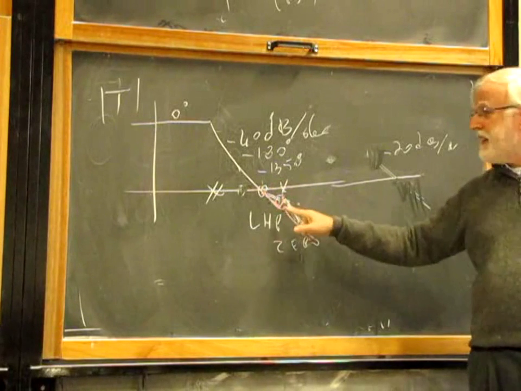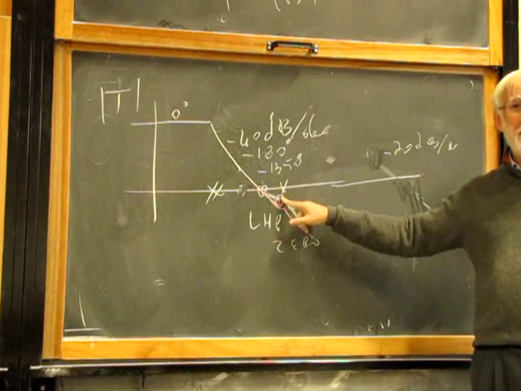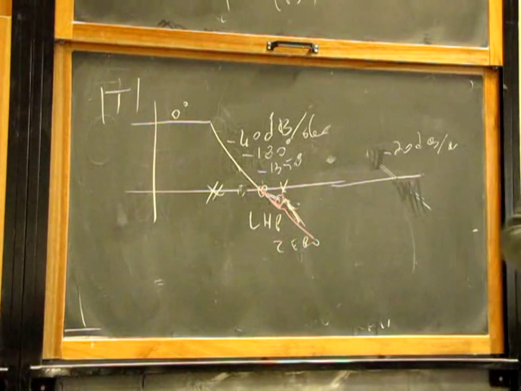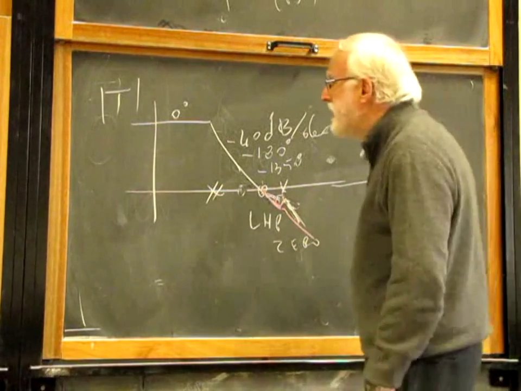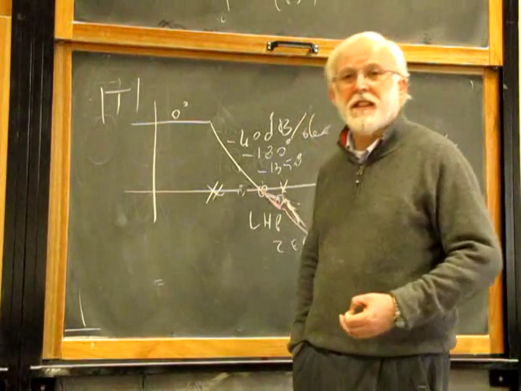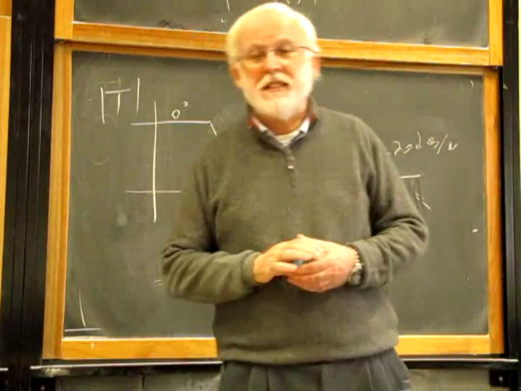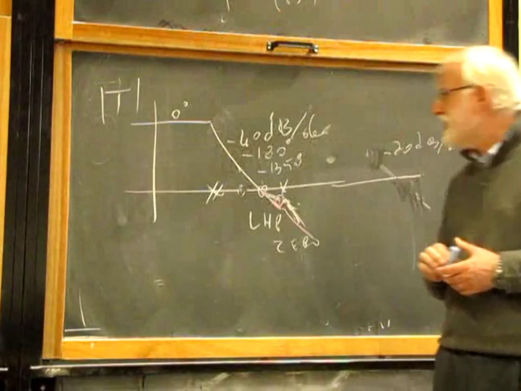The higher zero went above the crossover frequency, was not stabilizing anymore, and the system became unstable. Ouch. Okay? So far, besides finding the transfer function, the important point is that the output capacitor 0 is important. You have to consider it while designing the control system.